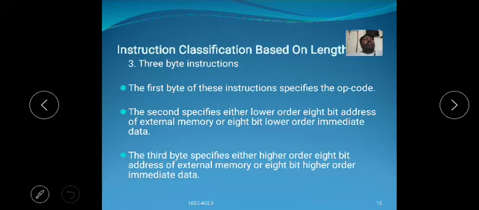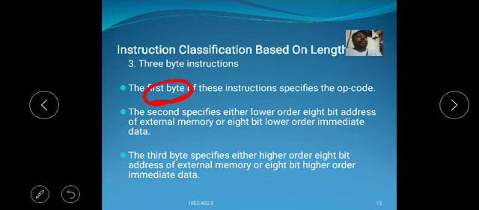The third byte specifies either the higher order 8-bit address of the external memory or 8-bit higher order immediate data. In the 3 byte instructions, the first byte specifies the opcode.